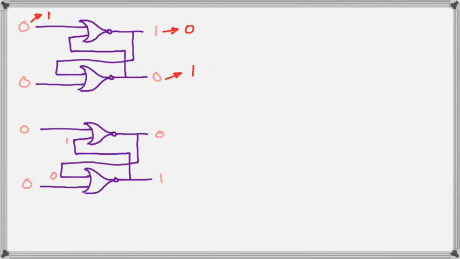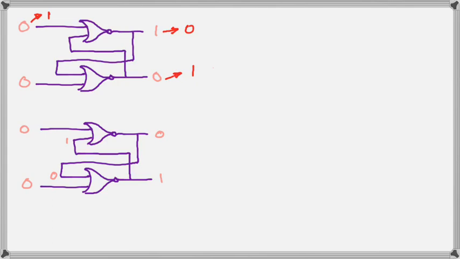So what we've actually done is, by applying that 1 to the very top input, we have caused that flip-flop to change state. Now it matches what's on the bottom, with a 0 on the top and a 1 on the bottom. So in other words, a 1 on the very top input line will cause the flip-flop to assume the state of the bottom one.